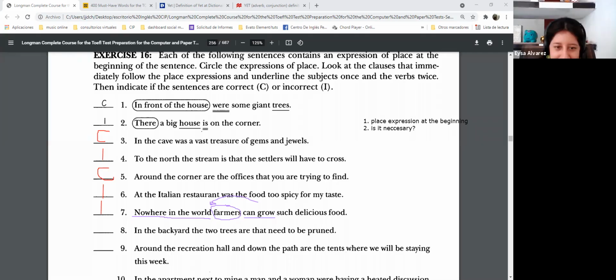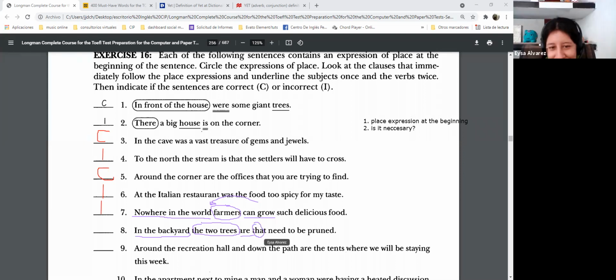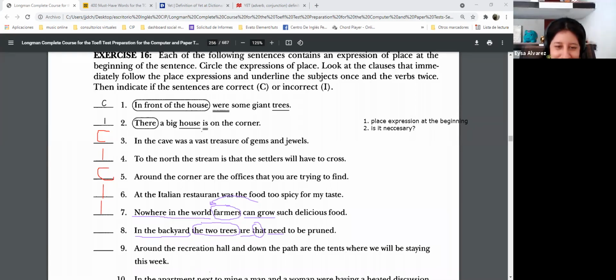In the backyard. And then the subject is the two trees. And here we have the action that needs to be. Connector, yes. And the action needs to be. Very good. Excellent. Okay, let's check.